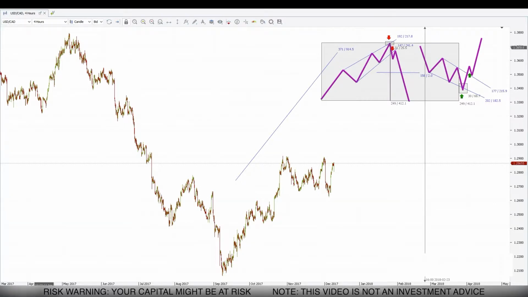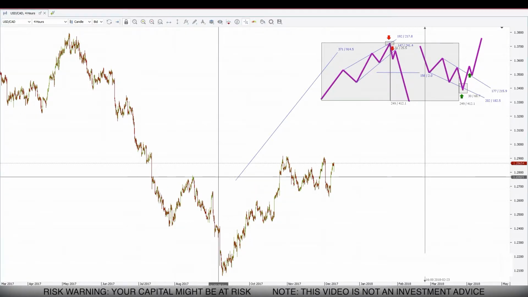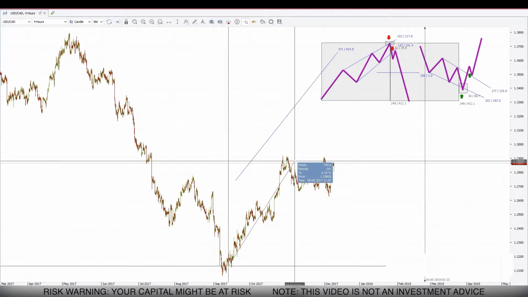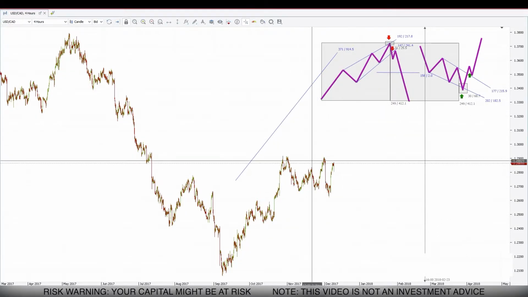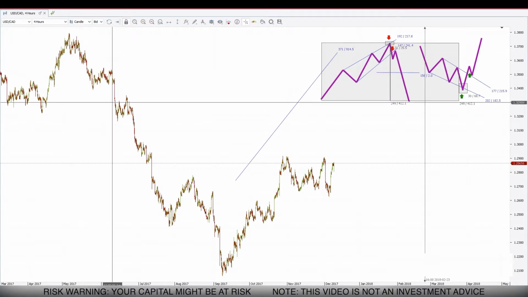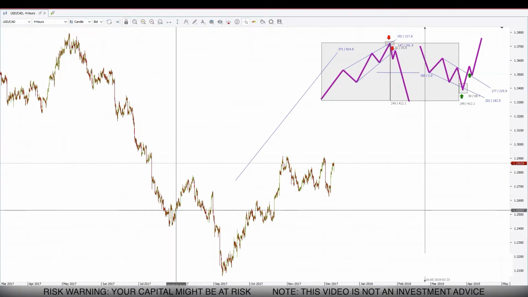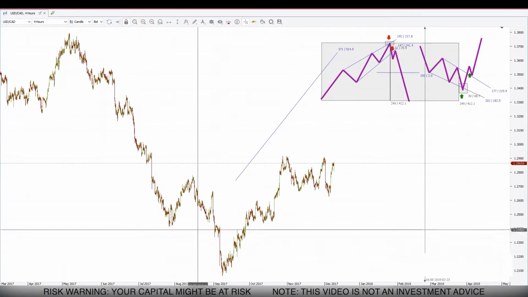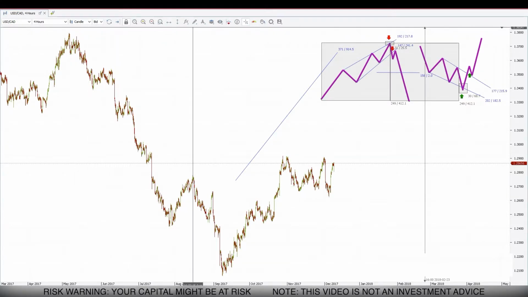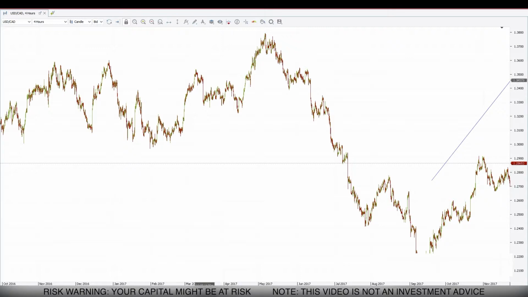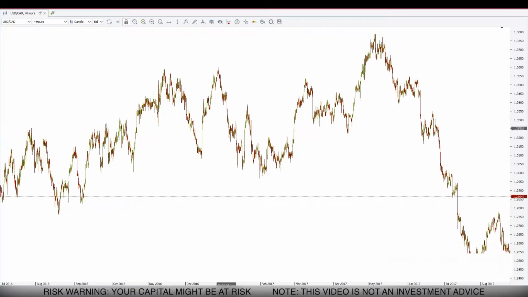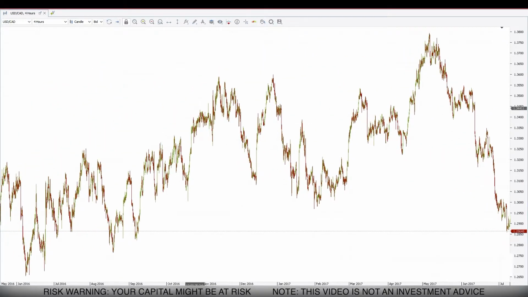So this is the US dollar Canadian dollar, the 4-hour chart. Remember, we need either a bullish or bearish trend before such a pattern forms. So no pattern here at the end of this bullish trend. Then we go to the previous one. This is a bearish trend, no wedge at the end of it. We go to the next one, the previous one, no wedge here either, and so on.